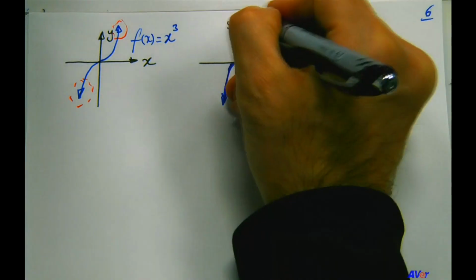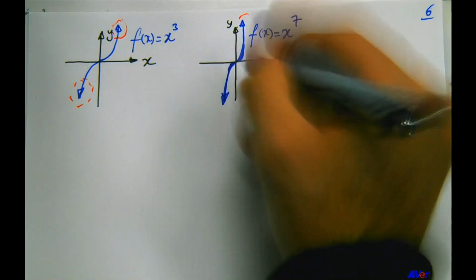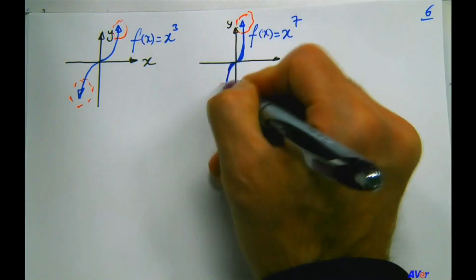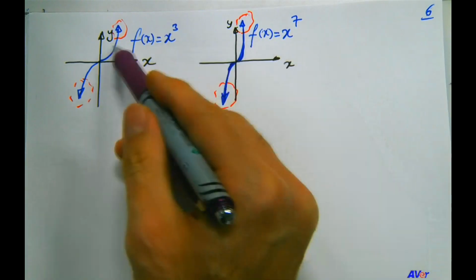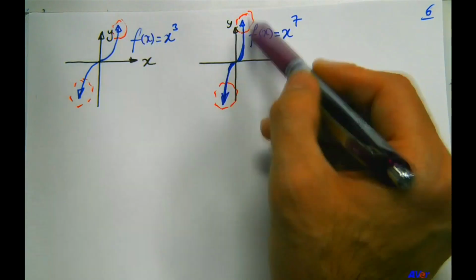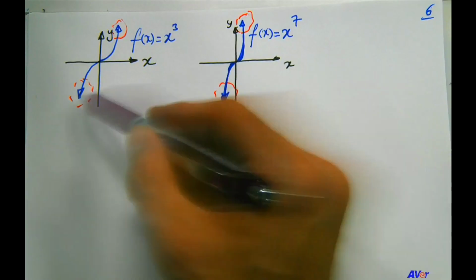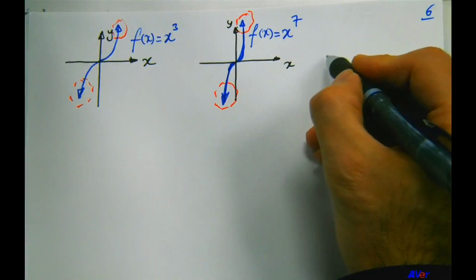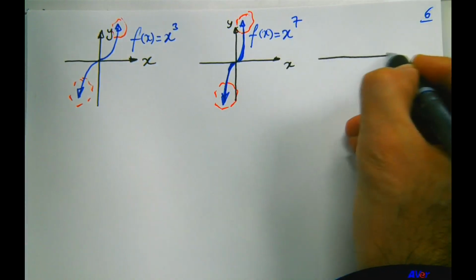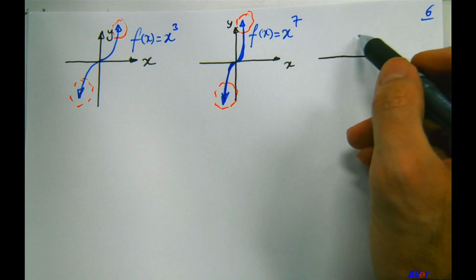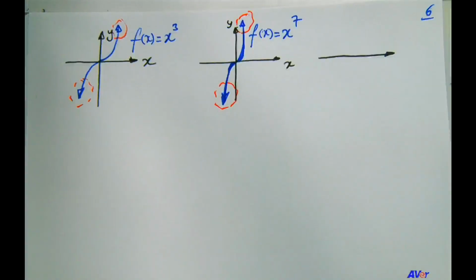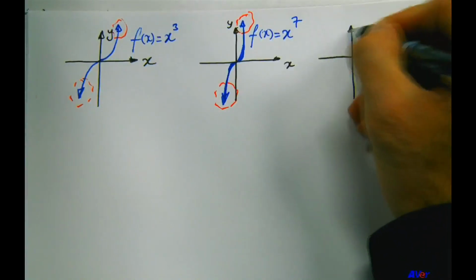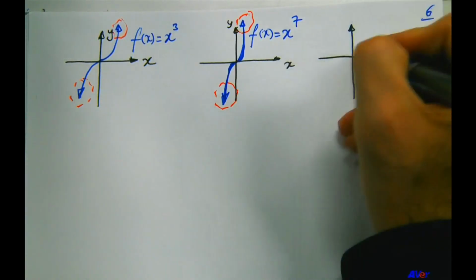But once again, the middle is going to be different than this. But the end behavior, notice the end behavior stays the same. This one is pointing up on that side, this one is pointing down, the same thing happens for this one. If you increase this power, say x to the 5th power or x to the 9th power, or any other odd number, the end behavior doesn't change.